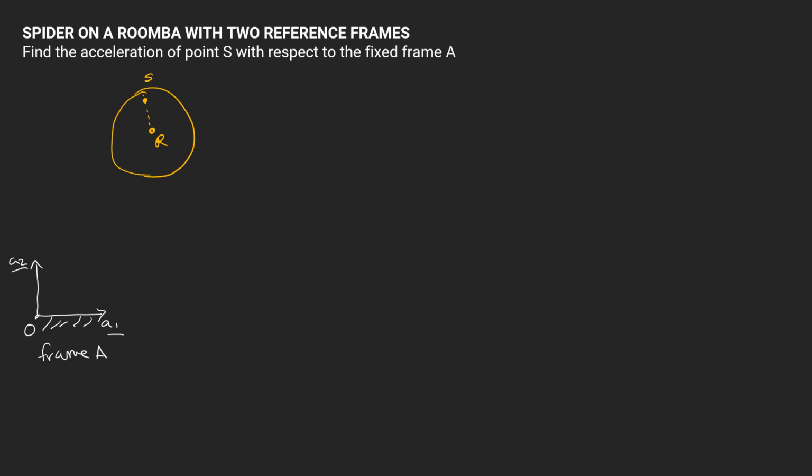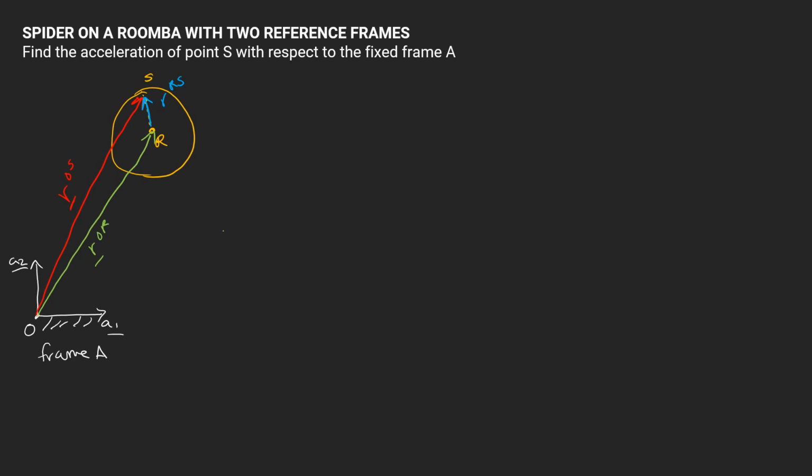Ultimately, what we want is this position vector here, ROS. But we have to write it in terms of the following two vectors: ROR, the position vector that takes you from the origin to the center of the robot, and then this vector here, RRS.